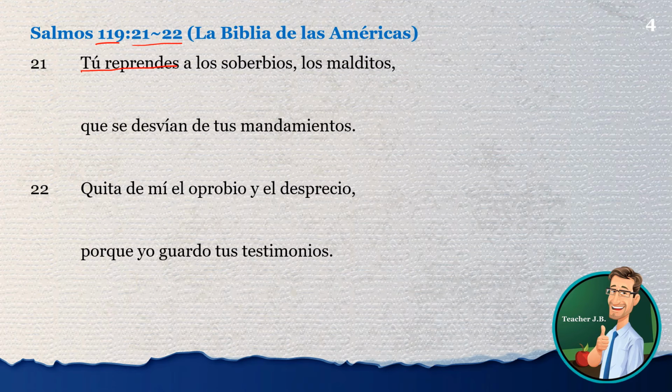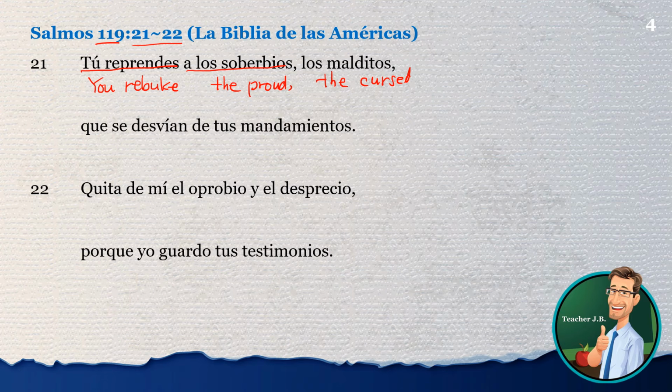Tú reprendes means you rebuke. You rebuke. You scold. A los soberbios. You rebuke the proud. The proud. And los malditos, the cursed.